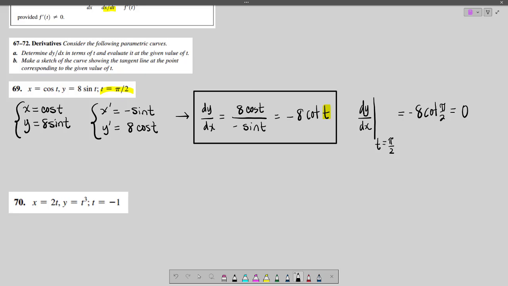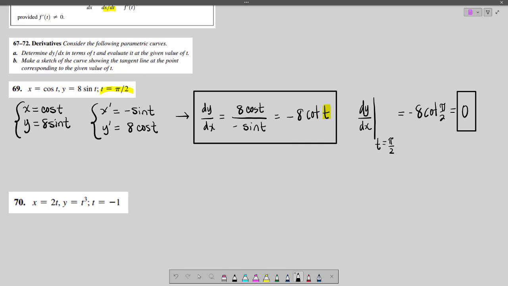So that is what the derivative is equal to at t equals pi halves. If we wanted the Cartesian ordered pair for where that tangent line is, how would we find it? We're going to plug it back into the original set of parametric equations. That tells us where we are in terms of x's and y's.